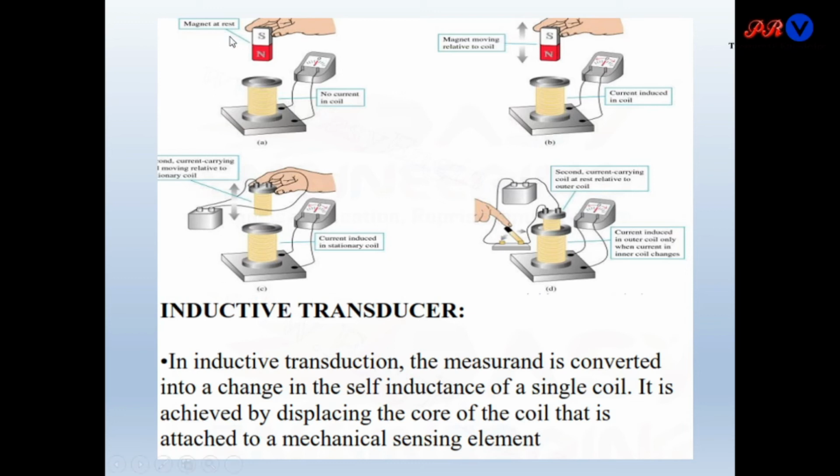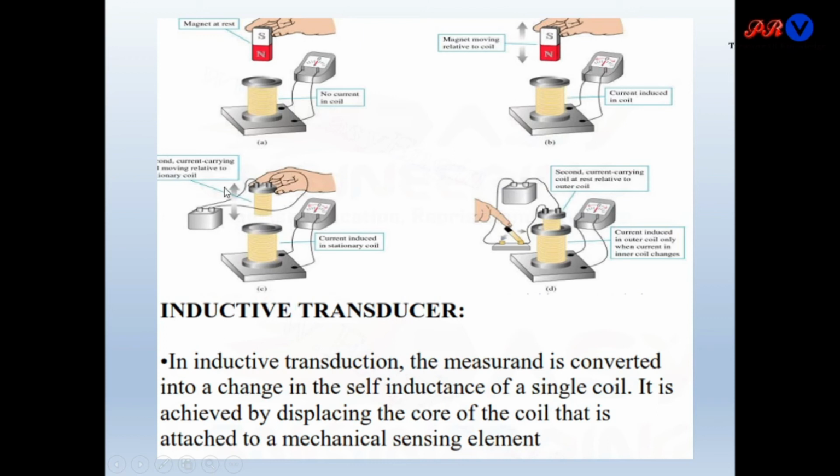In the first diagram, the magnet is at rest, so no current will flow in the coil. If we move the magnet relative to this coil, then current is induced in the coil. This is the electromagnetic induction principle. The current will change because the self inductance of the coil will change.